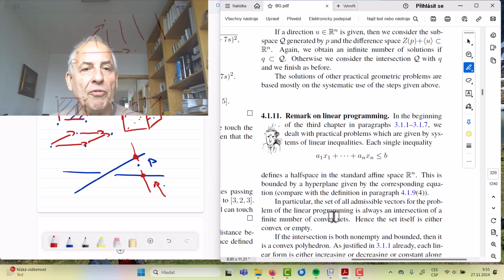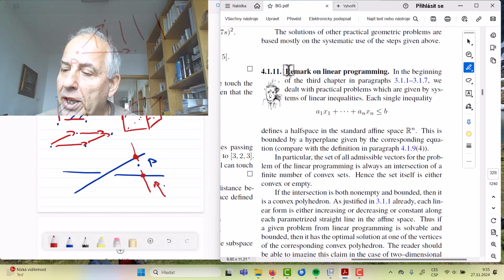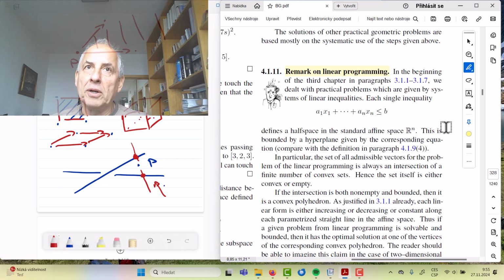Maybe just to finish, so this is longer, I perhaps should have split the second presentation into two, but let me add some glimpses back to our linear programming task, because there I promised that we shall clarify some of the points why we can expect the solutions as we did.